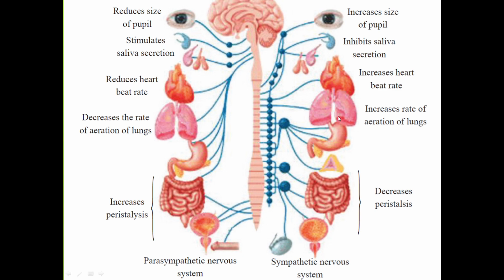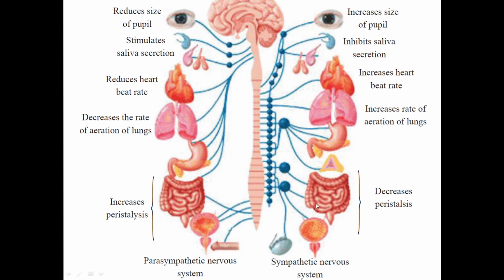The sympathetic nervous system increases the rate of aeration of the lungs, the rate of respiration. The parasympathetic gets that back to normal, or decreases the rate of aeration of the lungs. The sympathetic nervous system also affects your digestive system and decreases the peristalsis movement.